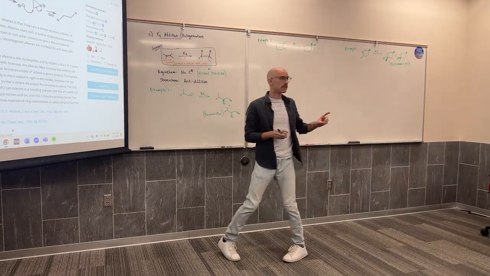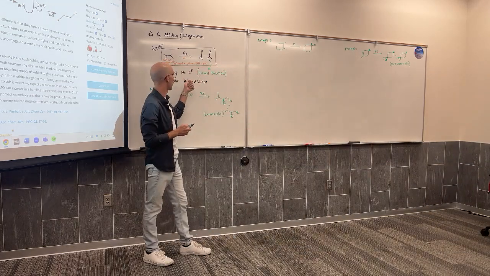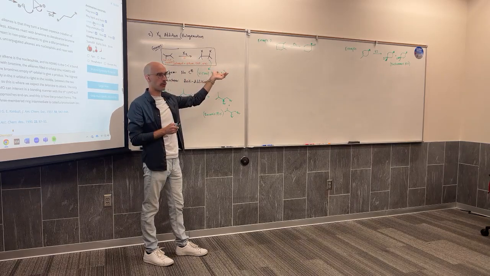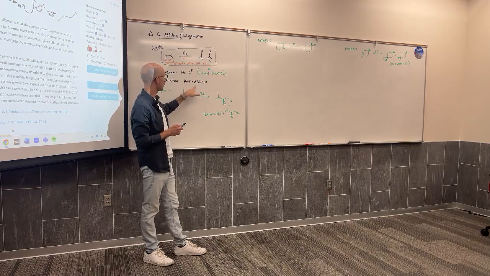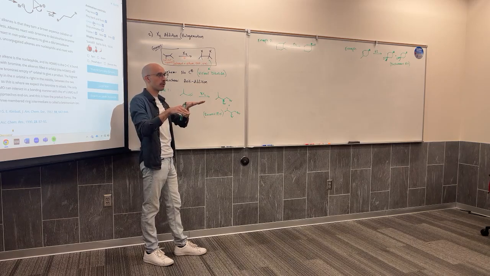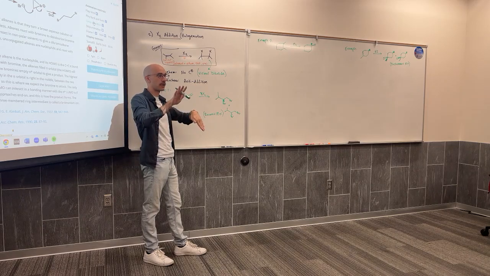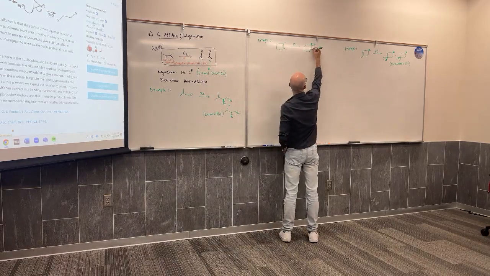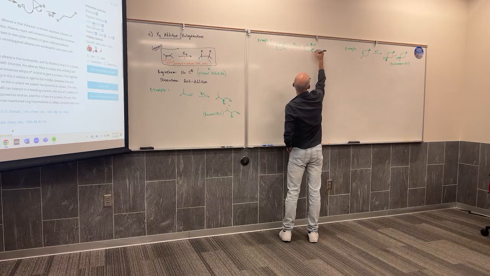Okay, so because the regiochemistry is not really relevant, I know I'm going to add a chlorine to both carbons. The stereochemistry is described as anti-addition. That means one group will add dashed while the other group adds wedged. So if the chlorine on top adds dashed, the chlorine on bottom will add wedged.